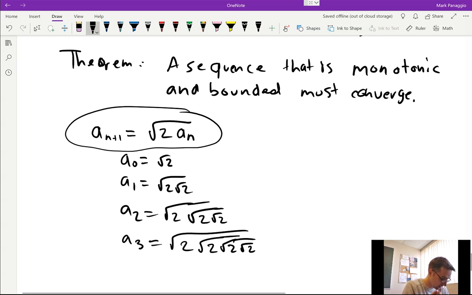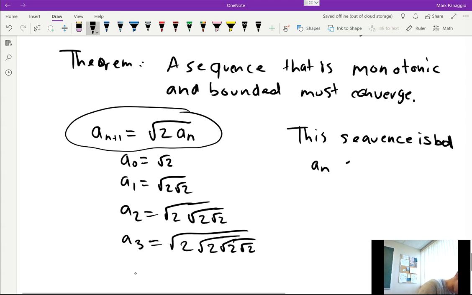But here's the claim. And you might want to read through chapter 10.1 to get some of the details of this. The first claim is that this sequence is bounded. All of the terms in the sequence, you can show that they are less than 2 and greater than or equal to root 2.